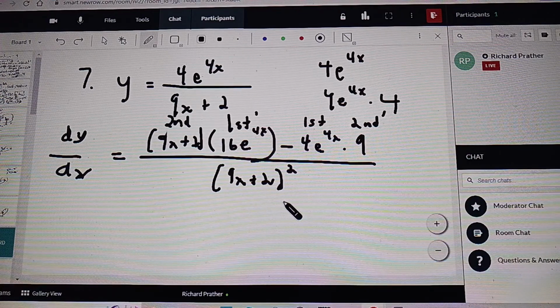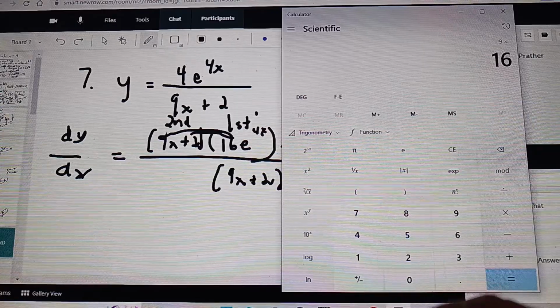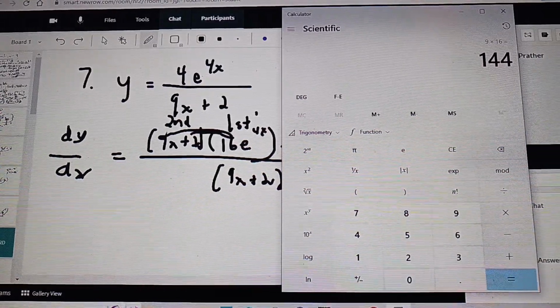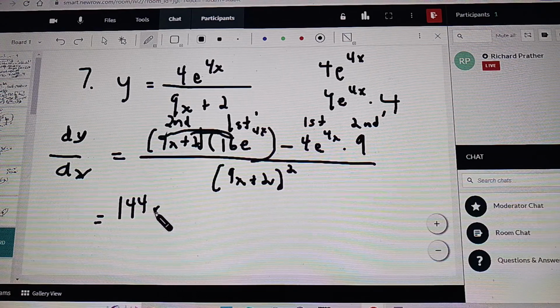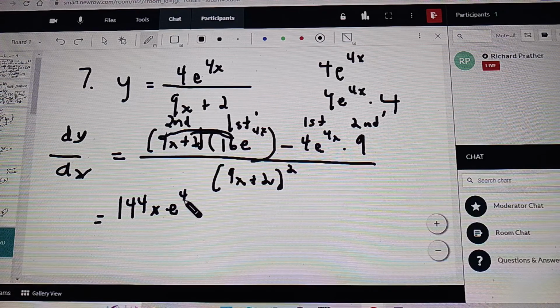Okay, so we could certainly distribute this. And 9 times 16 is 144. So we could get a 144x, make sure I don't miss my x like I did the other day, x and e to the 4x. That's typically the order when you mix constants and regular x's and exponentials.